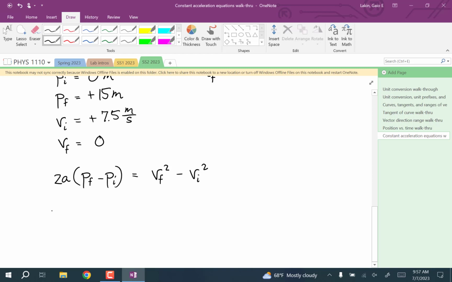So let's set this up. We have 2a times the quantity pf is 15 meters minus pi is 0 is equal to 0 squared minus 7.5 meters per second, quantity squared.